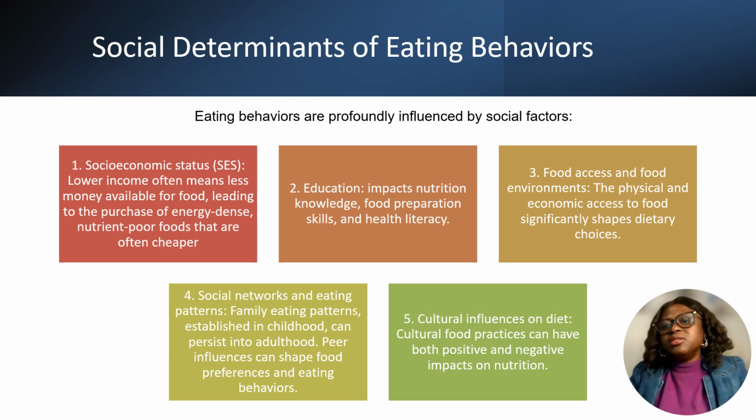their eating behaviors. Culture and diet, again, cultural food practices that are available in a particular community can have both positive and negative impact. Some cultures choose kinds of food that we know increase the risk for chronic conditions, and in other cultures some of the foods also promote health.